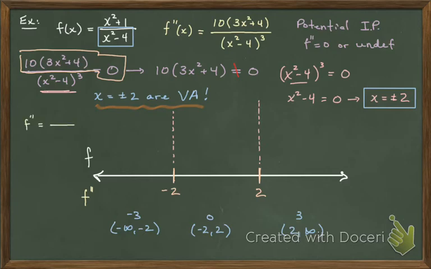So my second derivative is a quotient, so I'm going to look at the numerator and denominator respectively. We talked a little bit before that the numerator was always positive, and that's going to remain true no matter what I plug in. But nonetheless, let's see what happens when I plug in a negative 3.